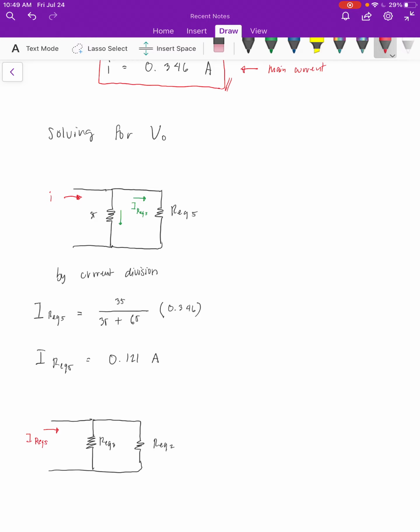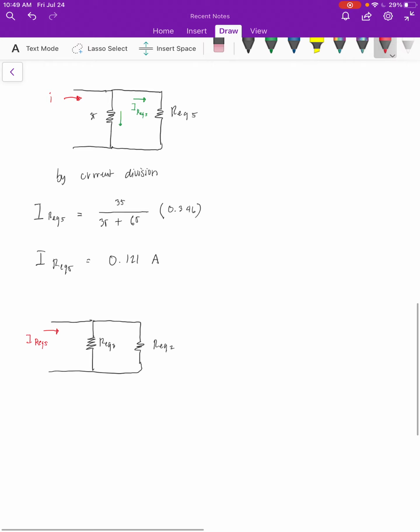We know the value is 0.121 amperes, and we are yet to do another current division formula.